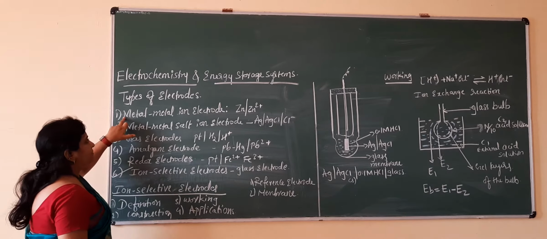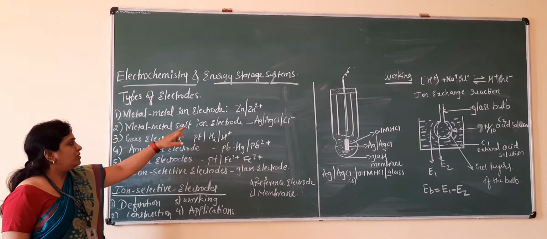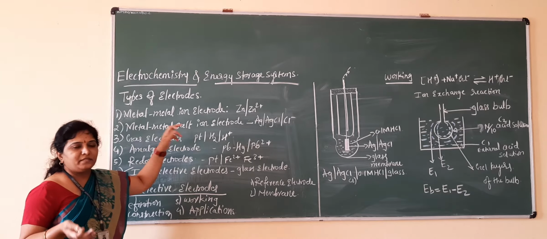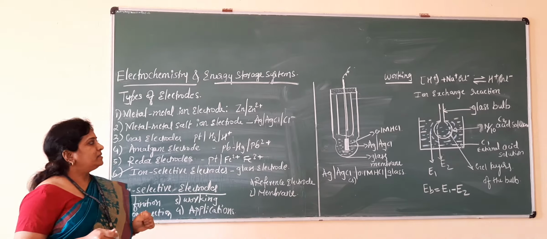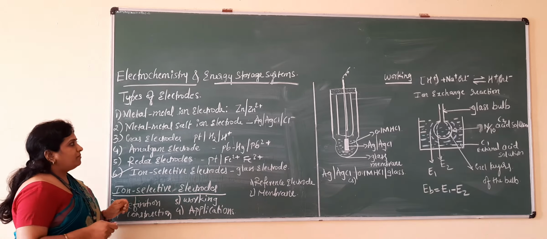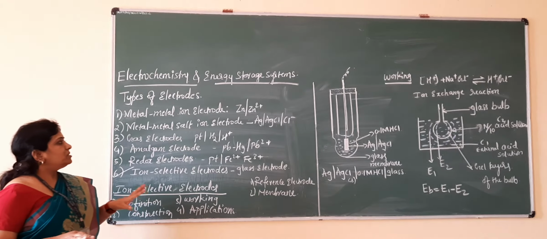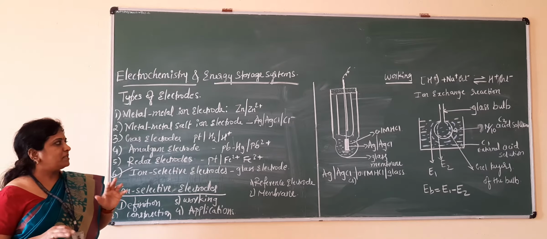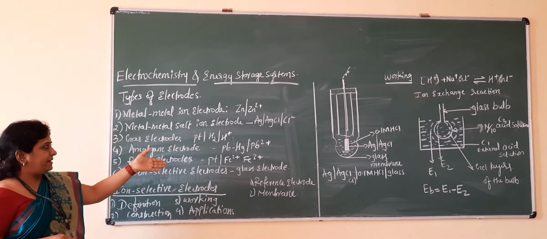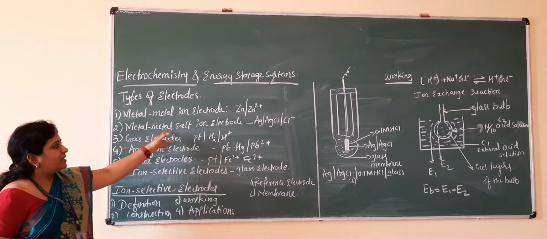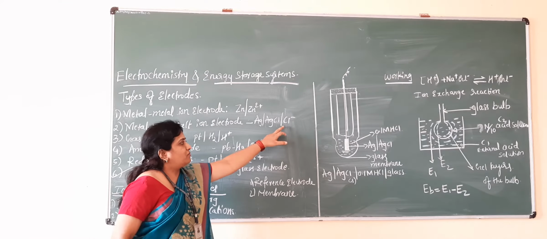Next, similar to that, is the metal salt ion electrode. Here, the metal is in contact with a sparingly soluble salt, which means not completely soluble, and again it is in contact with the anion of the salt.